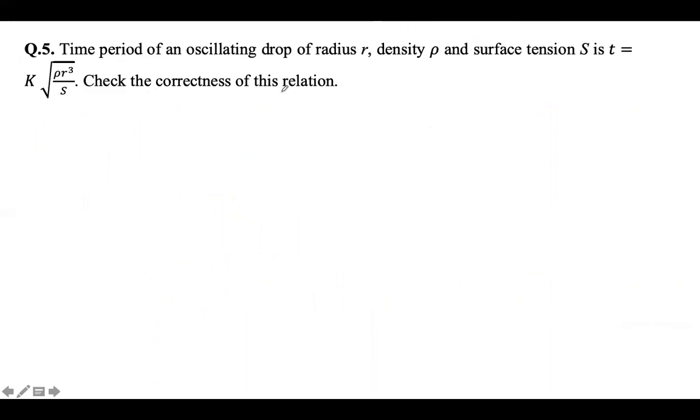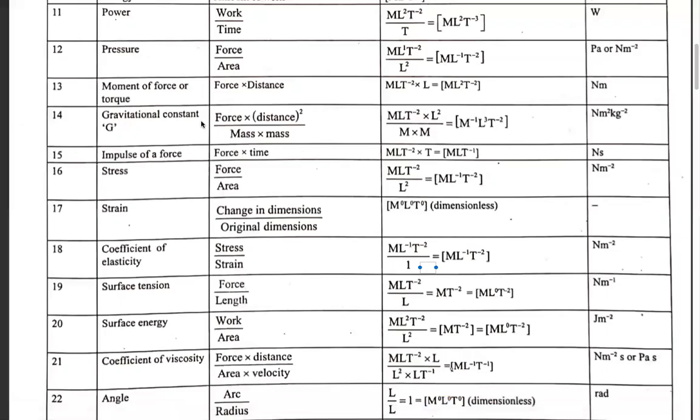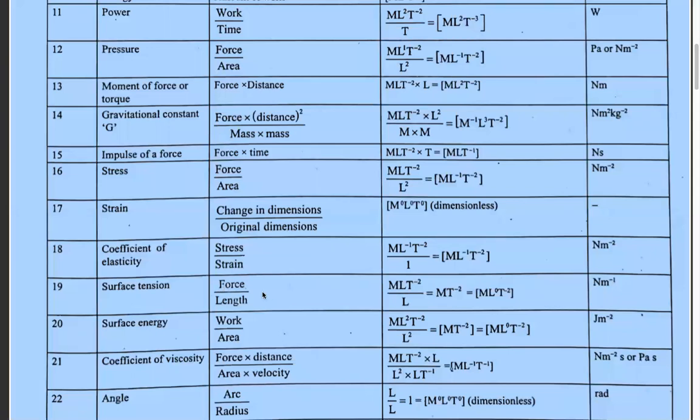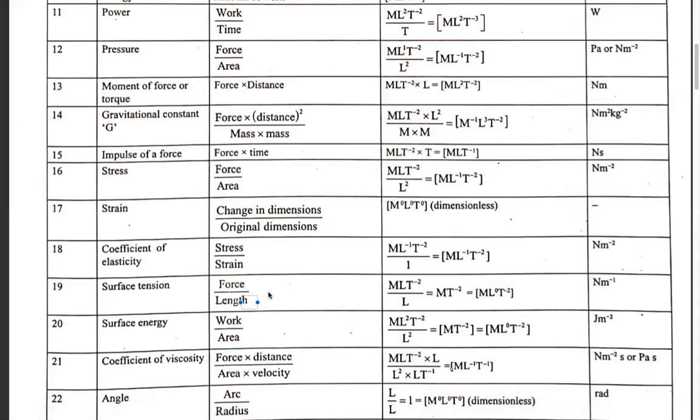Now we have to check the correctness of this relation. If you see here in this question, when you have to check, the time period of an oscillating drop of radius r, so the radius is r, density is rho, and surface tension is S. If you check here the surface tension, this is force by length.